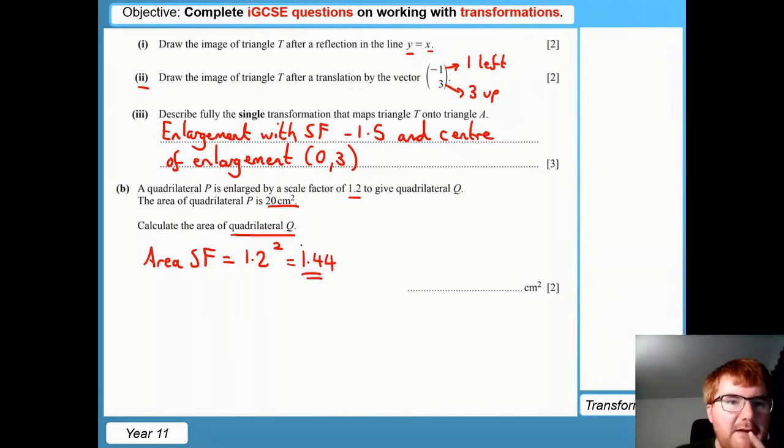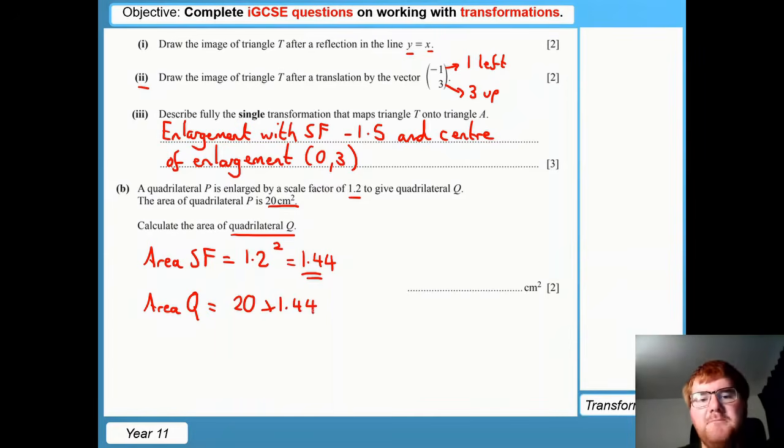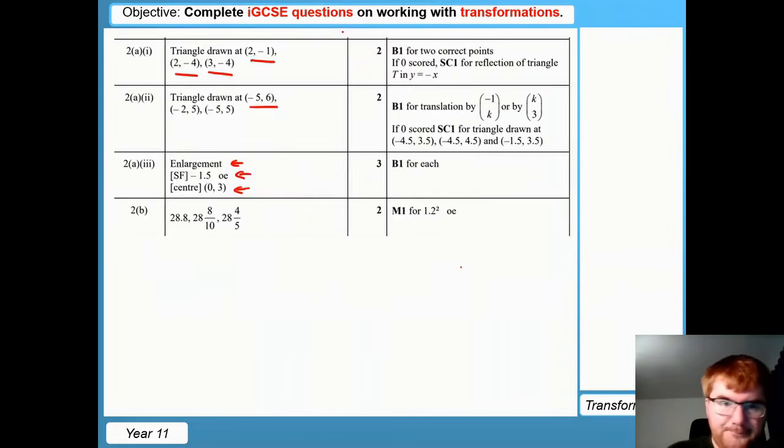Now we want to find the area of quadrilateral Q. So to find the area of Q, we take the 20 that we got before, and then we times by 1.44. The biggest mistake students make on this kind of question is timesing by 1.2. If we do that on our calculator, this is a calculator paper, then we get our answer of 28.8, which I'll just pop in here for the 2 marks.